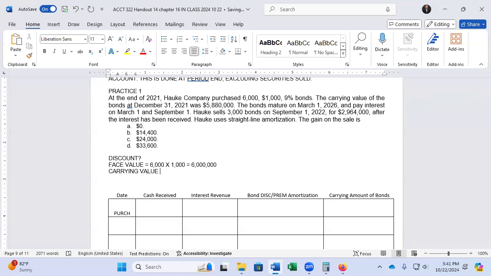The carrying value was equal to 5,880,000.